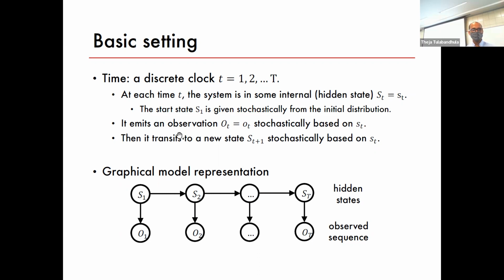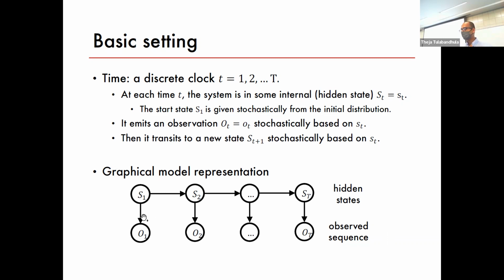So what is the system doing? It's assuming some state value, and at each state value it's emitting an observation, little o_t, based on the current state, and then it's transitioning to a new state, capital S_{t+1}. The new state could be some s prime, but there's going to be some transition. This textual description can be succinctly represented using the diagram below.